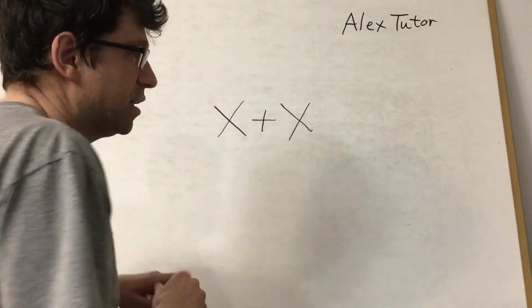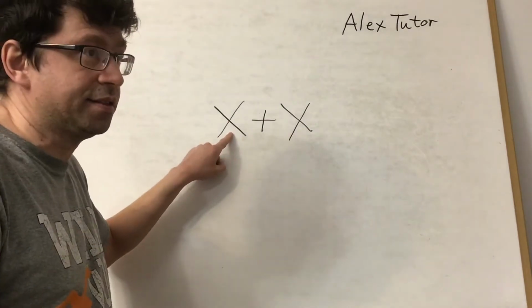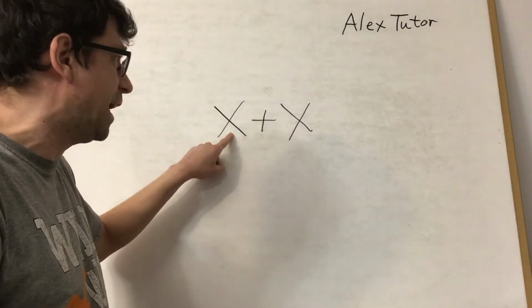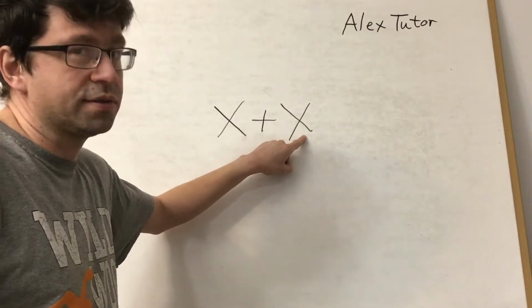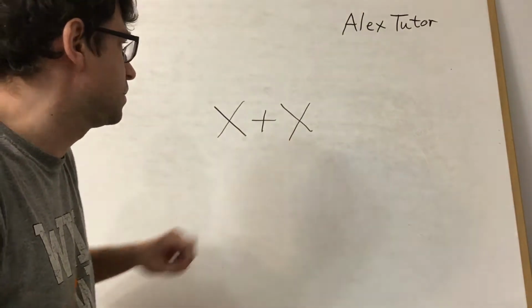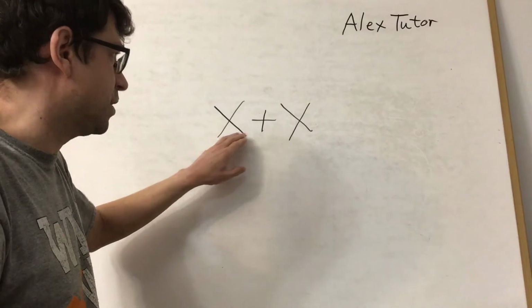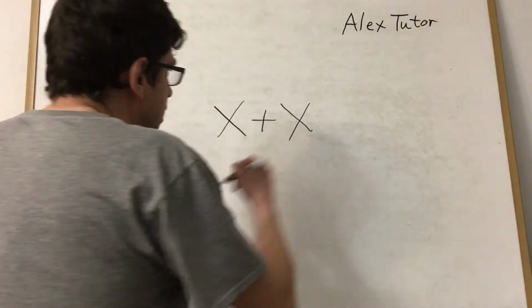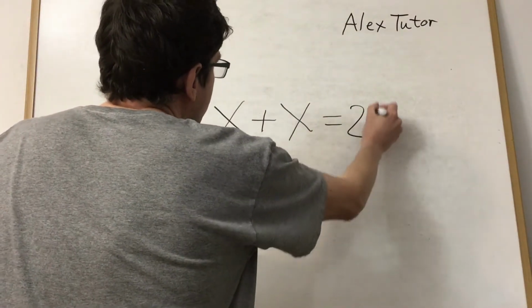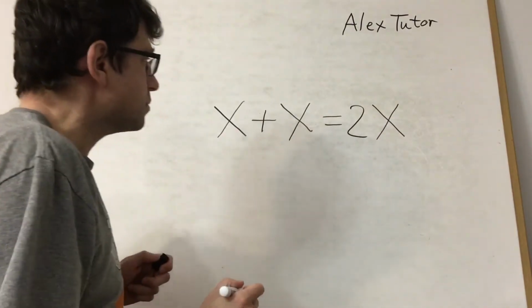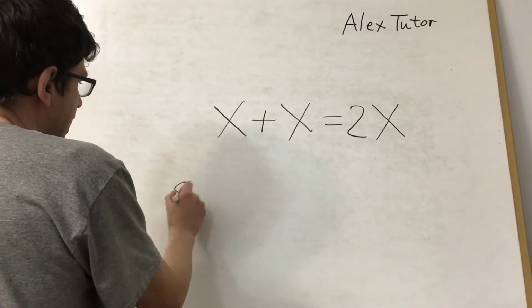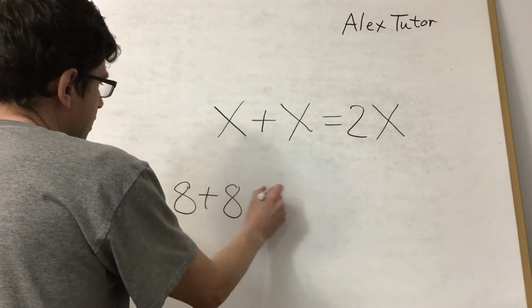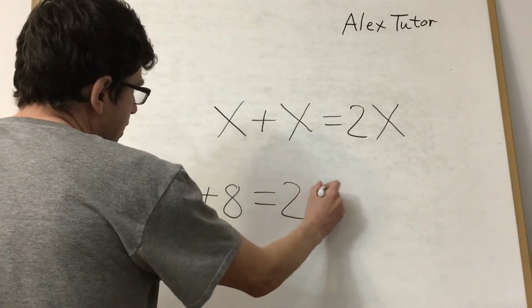X can be any number, but if this x is a number, for example 8, then this x is also a number, also the same number, which is also 8. So a crocodile plus a crocodile equals 2 crocodiles. It's like, for example, if x equals 8, then 8 plus 8 equals 2 times 8.